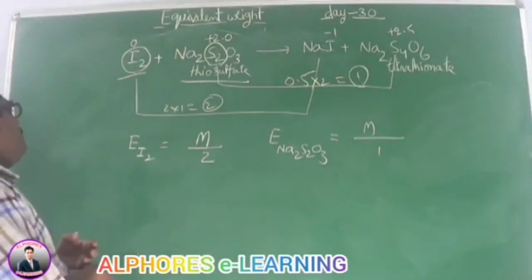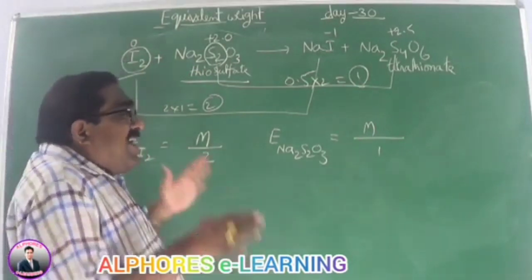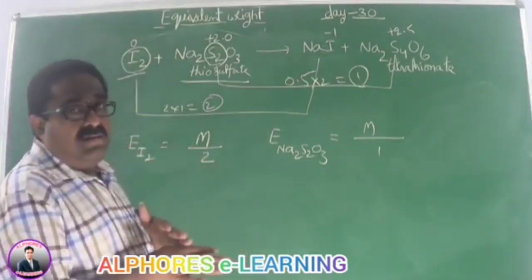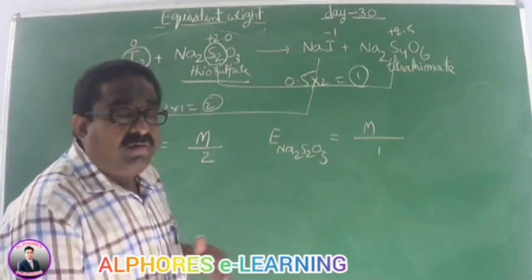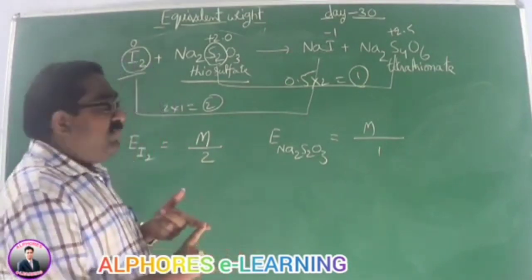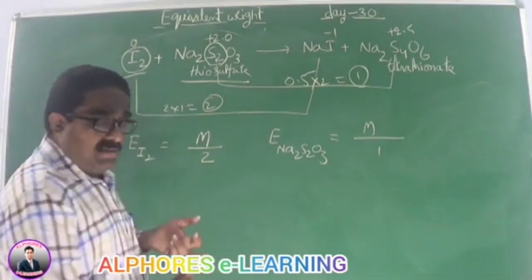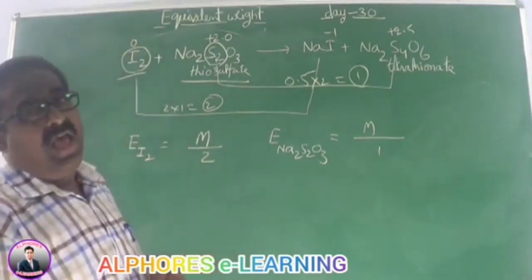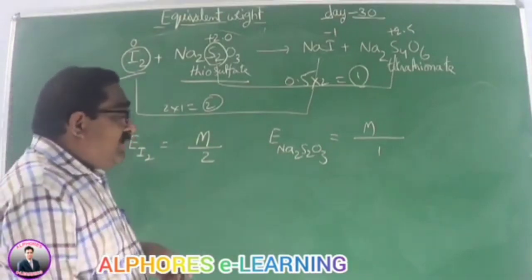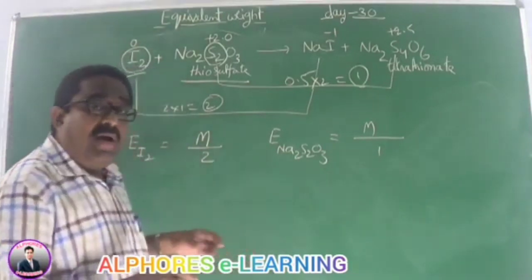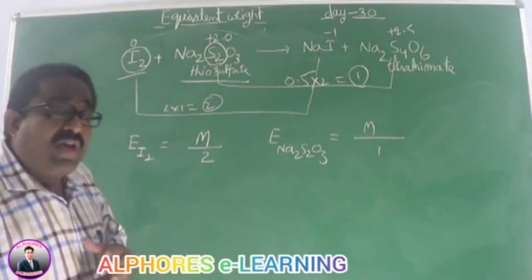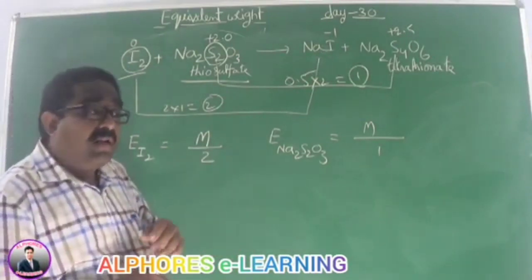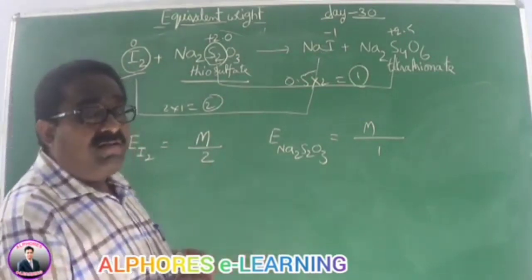I already told you that it is not necessary in all cases to have a balanced redox reaction to estimate equivalent masses. Only in a few cases is it needed, and in such cases we need the balanced equation at any cost. Then only can we easily find the n factor and calculate equivalent weight.